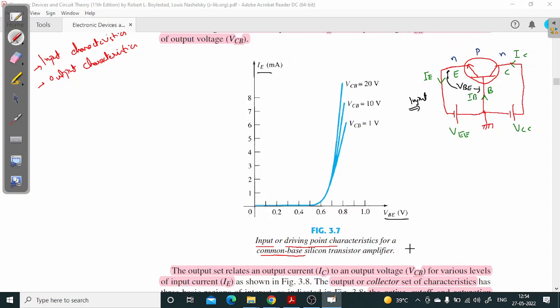So IE versus VBE for different values of output voltage, and the output voltage is VCB, the voltage that appears between base and collector when you look from the output side.